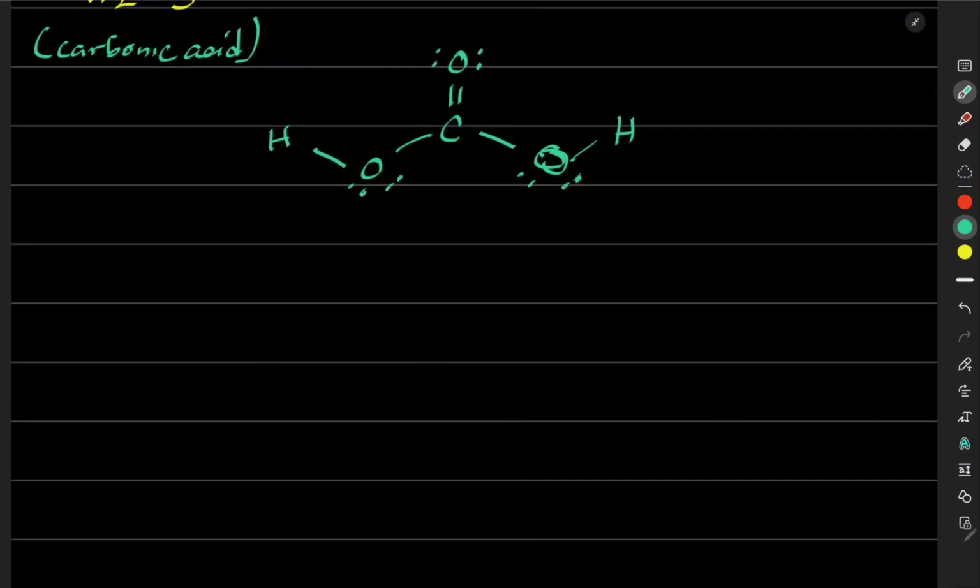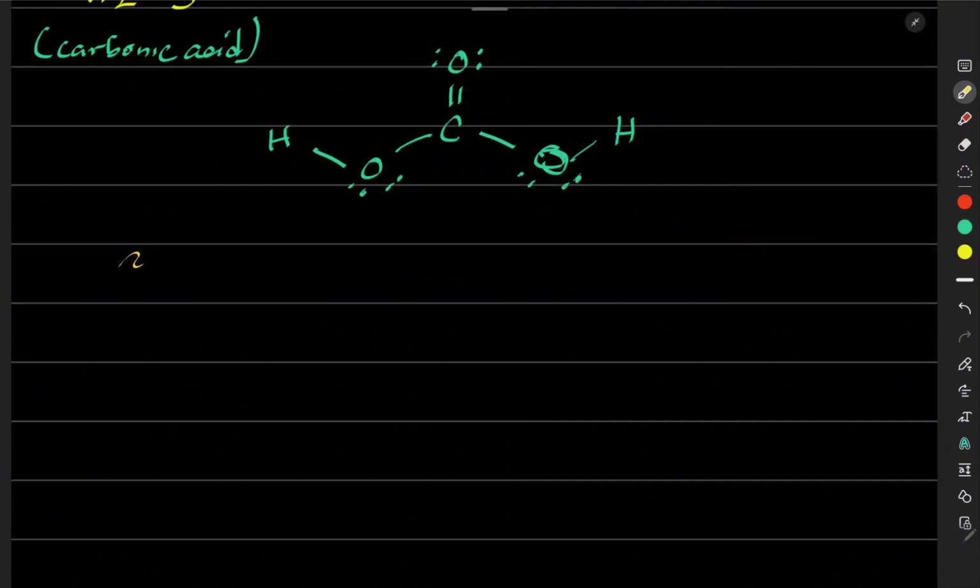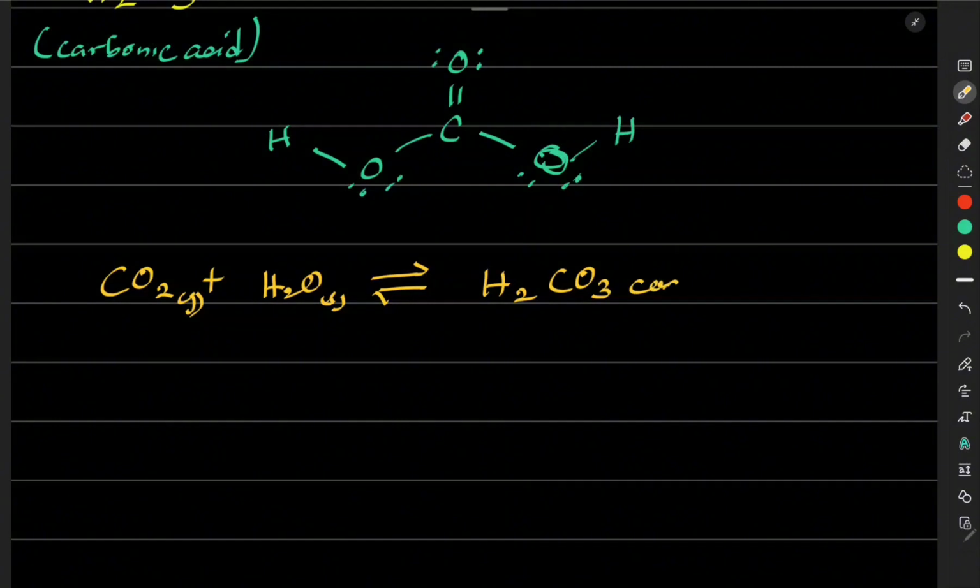How is carbonic acid produced? Carbonic acid is produced by mixing CO2, carbon dioxide gas, plus H2O liquid. This is a reversible reaction and produces H2CO3, carbonic acid aqueous.